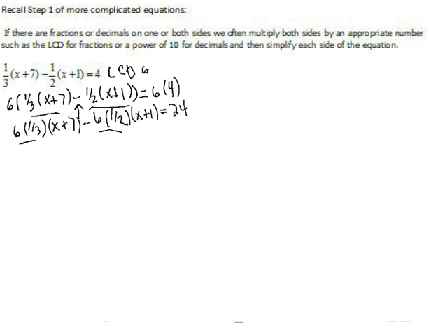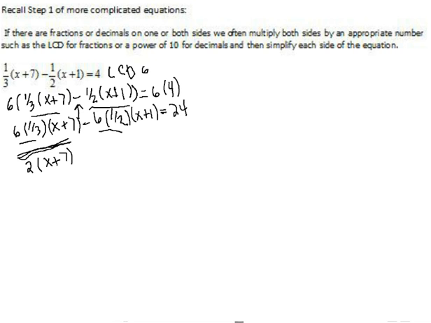And note one other idea here, that because we are multiplying three things together, the 6, the 1/3, and the quantity x plus 7, then just as if you were multiplying 2 times 4 times 6, you just multiply the 2 times 4 and get 8, and then multiply times 6 and get 48. So here we're just going to multiply the 6 times the 1/3 and get 2 times the x plus 7, which is completely unaffected by that operation. It's just the third factor in the multiplication.